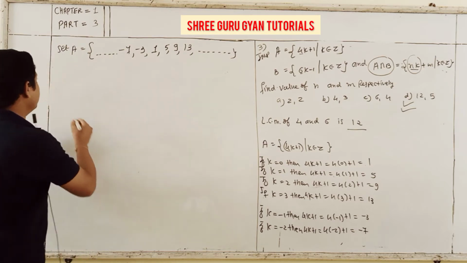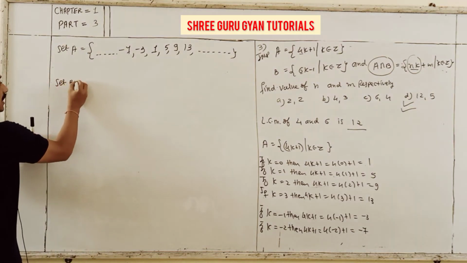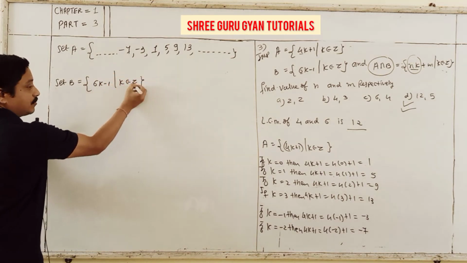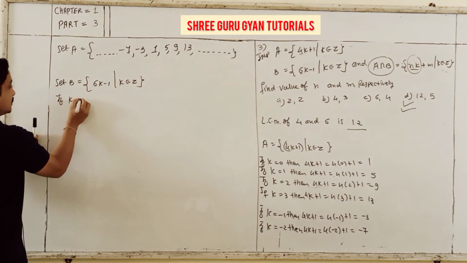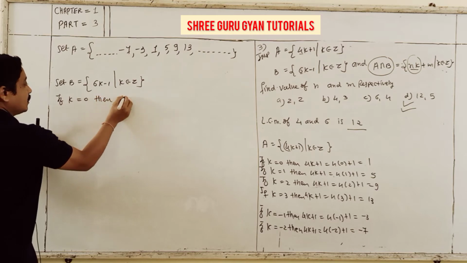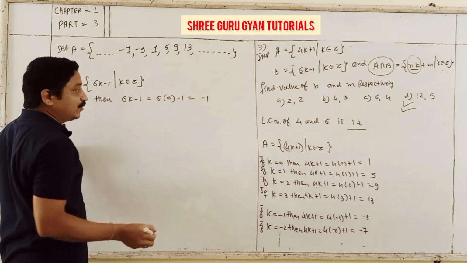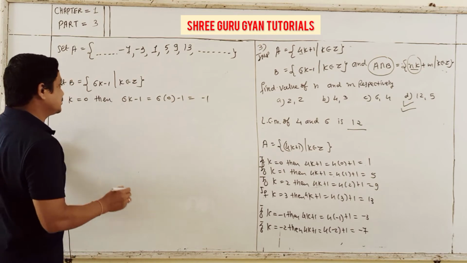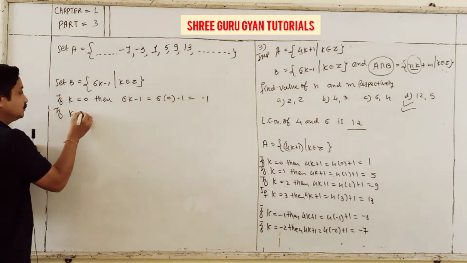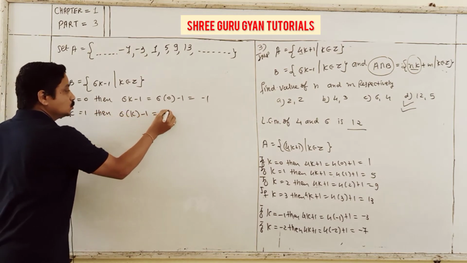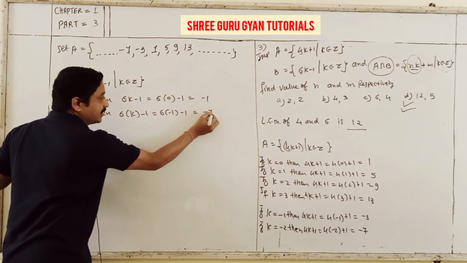Now go to set B. Set B I have 6k - 1. Here also put down: if k = 0, then 6k - 1, you easily find out is -1. Next if k = 1, 6k - 1 you will get 5.